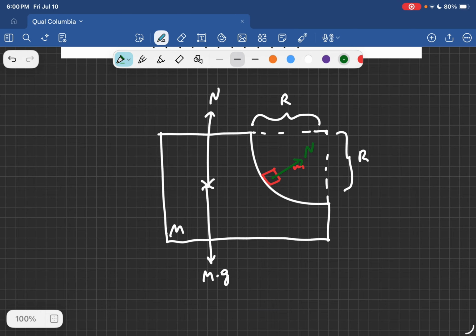I'm not 100% sure, so if I made a mistake, let me know in the comments. The lowercase m mass is pushing the bigger block M with the same force. So there is a reaction force on capital M, on the big block from m. And also, of course, on the smaller mass, you also have its weight, m times g.